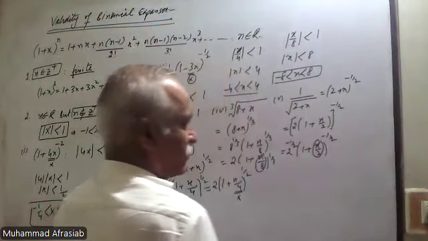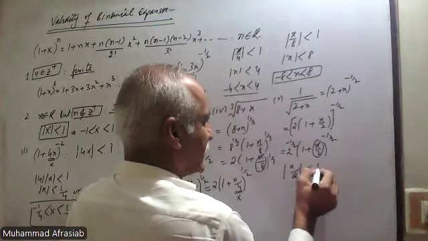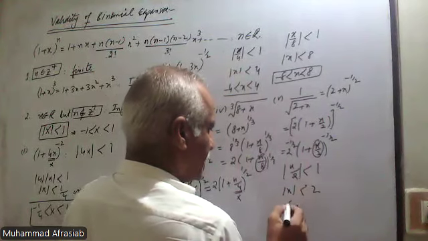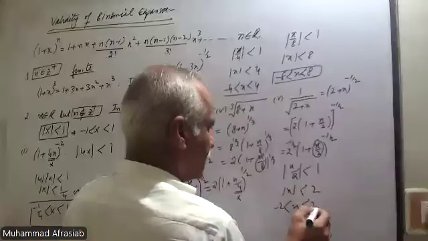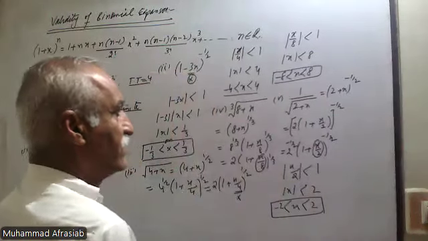This is your x value, so |x/2| is less than 1, and |x| is less than 2. So x is greater than −2 and less than 2, after verifying the significance of the modulus function.